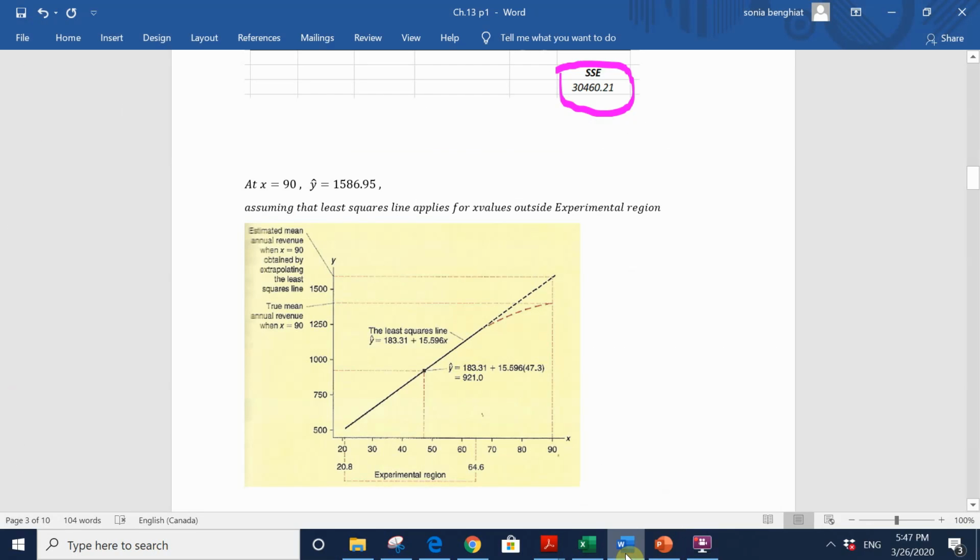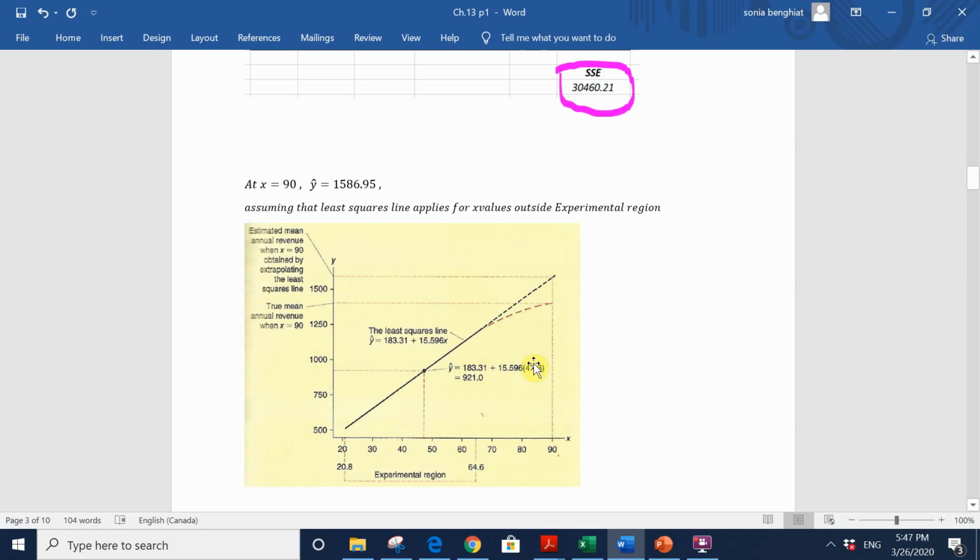Say I wanted to know what the annual revenues would be of a restaurant with a population size of 90,000. Could I use my estimated line of means to extrapolate and determine what my annual revenues will be?